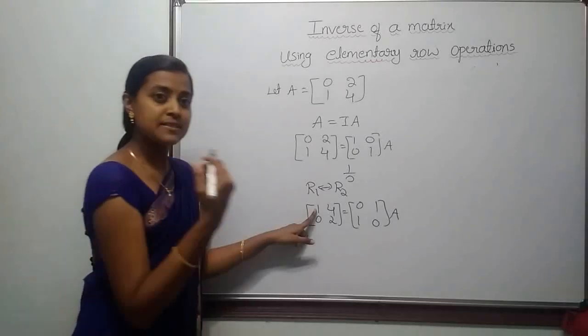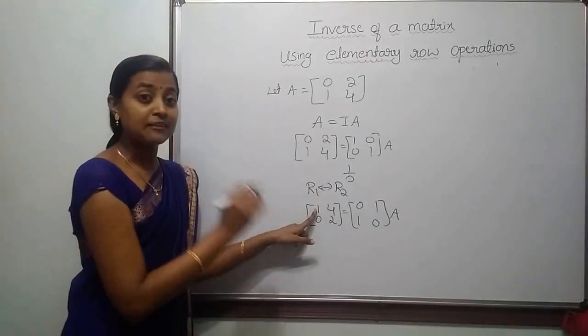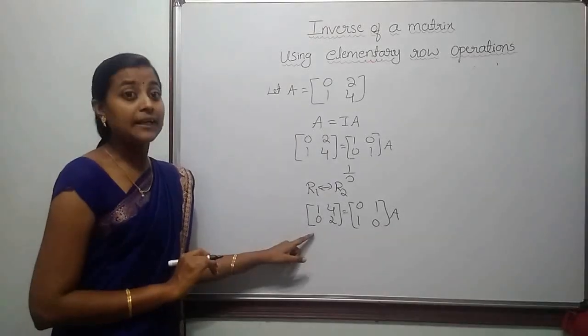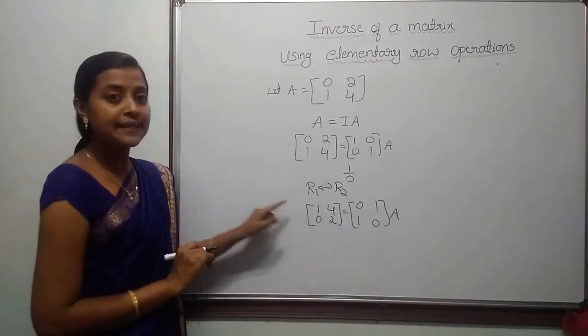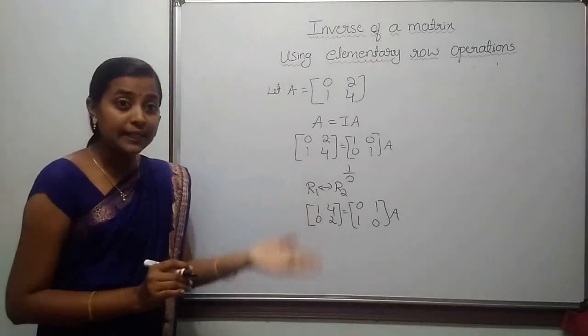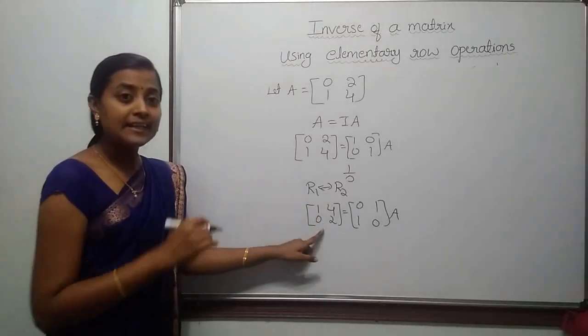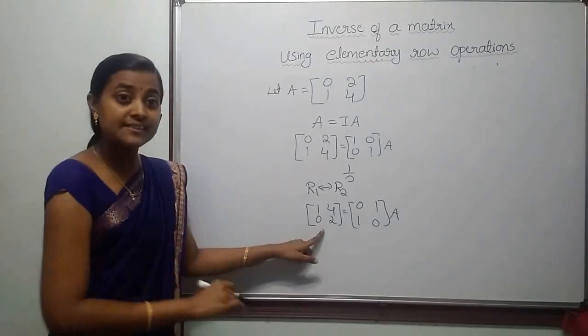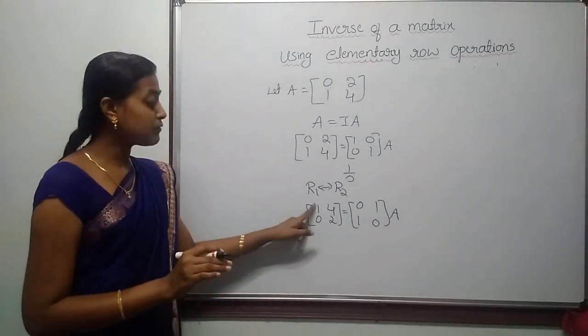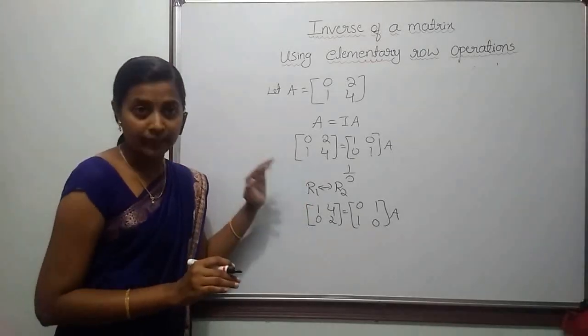So the first step is done. This reduced our work. Then we directly go to the second step, that is to reduce the element lying in second row, first column to 0. Again here, the element is also 0. The second step is already done. We are very lucky that here the first two steps are already done.